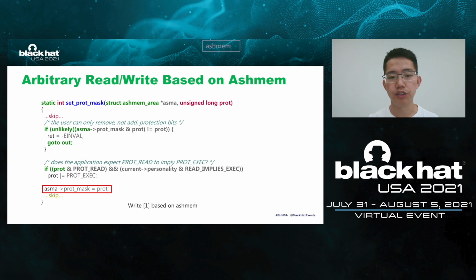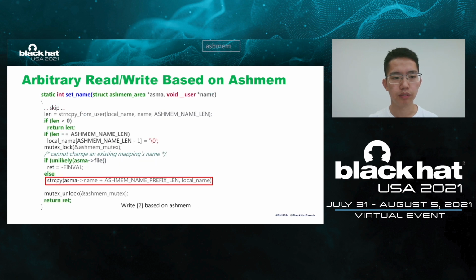Similarly, it can use the setProductMask function to modify the content of a specified address. But due to the limitation of the code itself, the most practical usage is to write 0. And with the help of the setName function, writing arbitrary values can also be achieved to some extent.